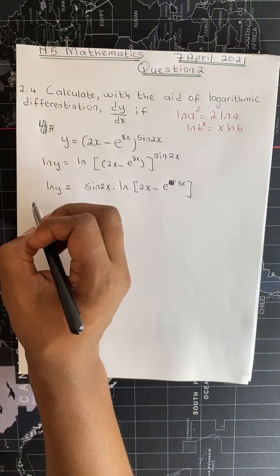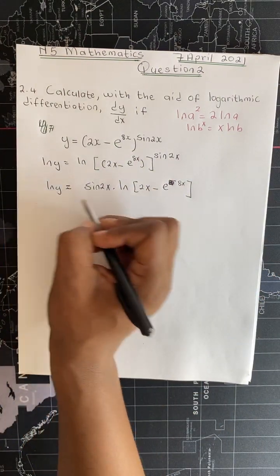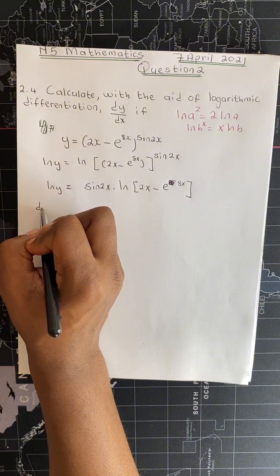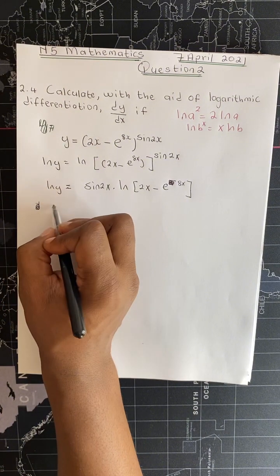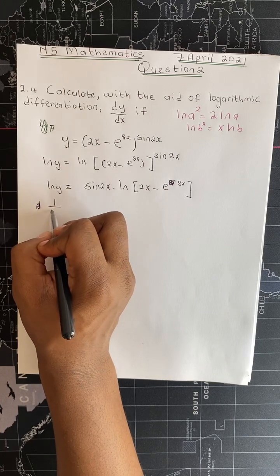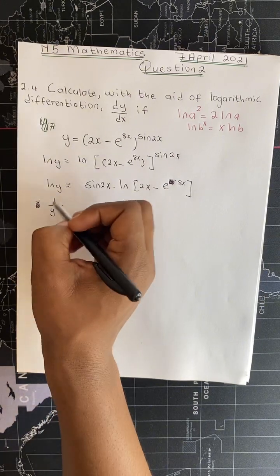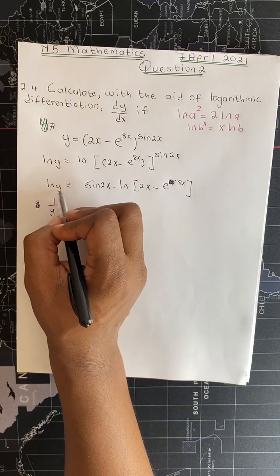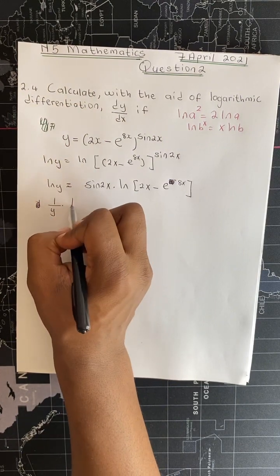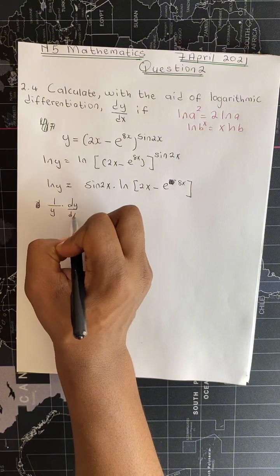So from here, we have to differentiate. So the derivative of ln of y is equal to 1 over y, but since we are differentiating with respect to x, whenever we differentiate anything which has y, we also have to introduce dy over dx.